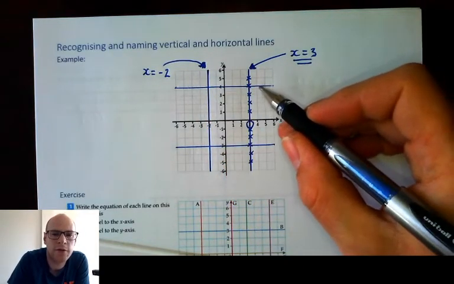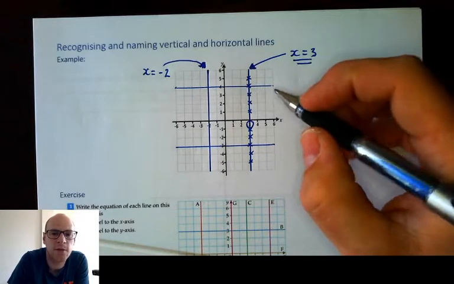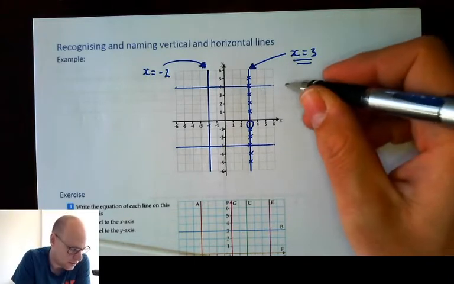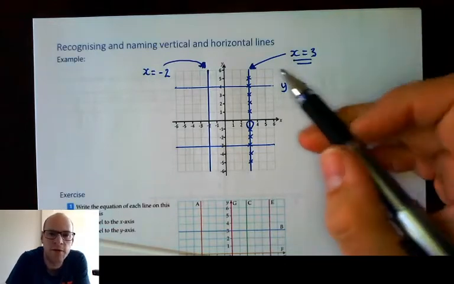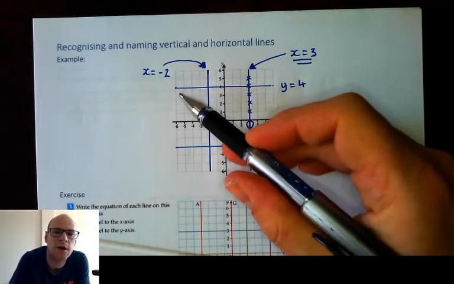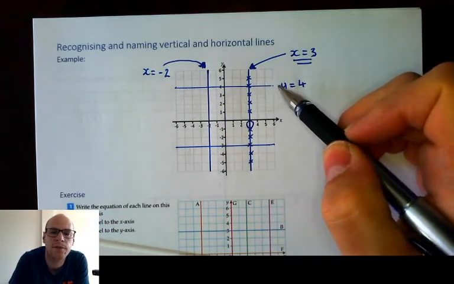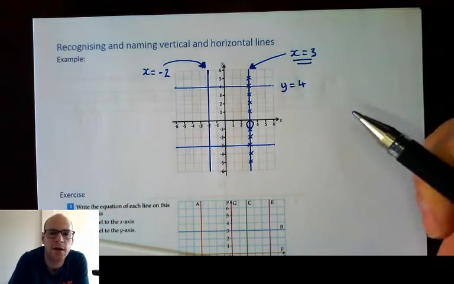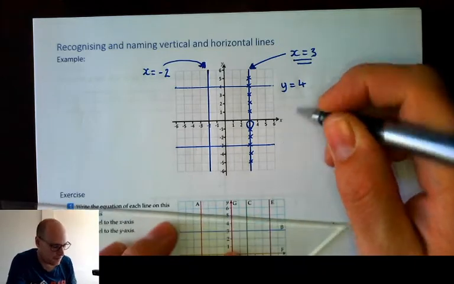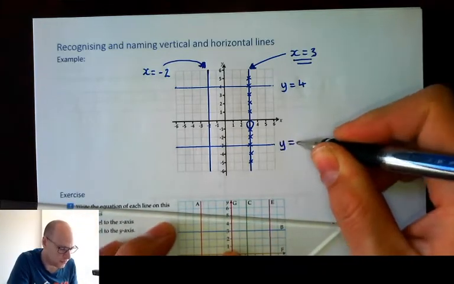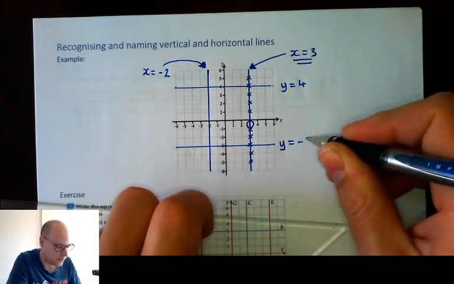So every single point on this has the same y coordinate. So I'm going to call that y equals 4, because every point on that line has a y coordinate of 4. Don't care about the x coordinate, but I do care that the y coordinate has to be 4. And then down here, similarly, it's also y equals, because it's a horizontal line. This one is minus 3.